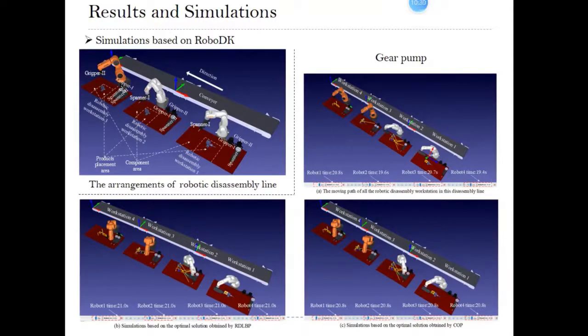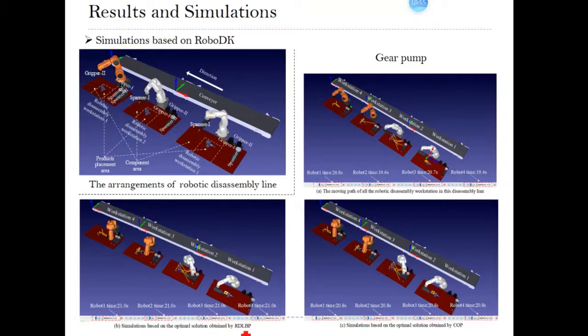Finally, we also conduct the simulations based on the Robotic K. So the left up color in this slide is the arrangement for the robotic disassembly line, and in these simulations, we simulate if 10 gear pumps are to be disassembled using this robotic disassembly line, we will get different results.